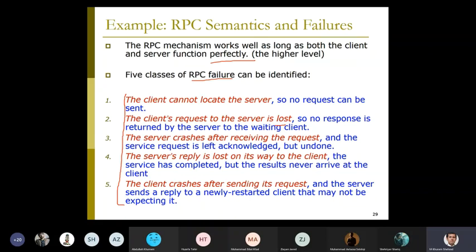The server crashes. ٹھیک ہے، ایک کریش کا میکنزم ہو سکتا ہے، اگر وہ کریش ہو گیا ہے اسٹل اٹ کین ناٹ بی participating in the communication، ٹھیک ہے. The server's reply is lost on its way to the client. Okay. So this is also one of the possibility. Any question? Okay.